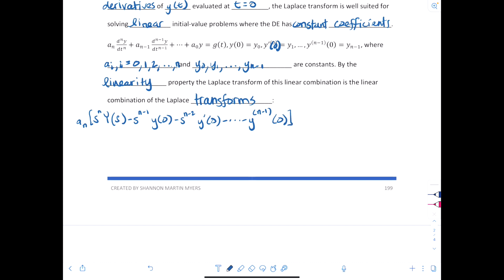Then you've got the next one, right? So you'd keep going, and you would end up having plus a sub n minus 1 times s to the n minus 1, capital Y at s, minus s to the n minus 2 times lowercase y at 0, minus dot, dot, dot, minus the n minus second derivative of y at 0.